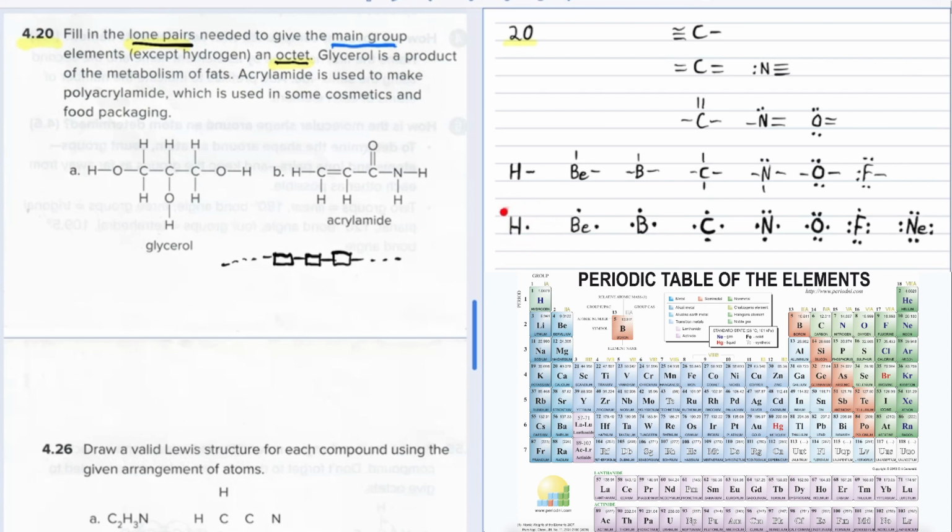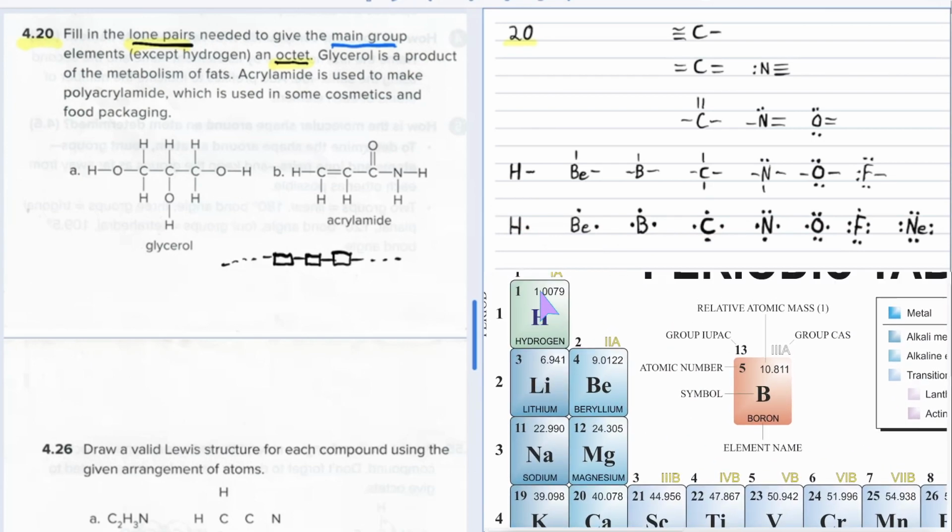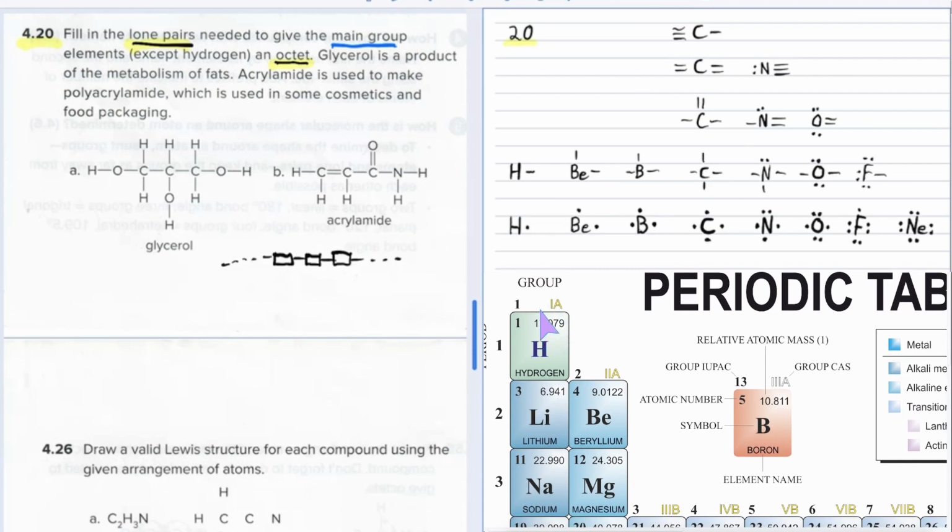You need to know how many valence electrons each atom has. Hydrogen is in group 1A, and you can find hydrogen right here. It's in group 1A, so it has one valence electron, and it likes to form one bond.